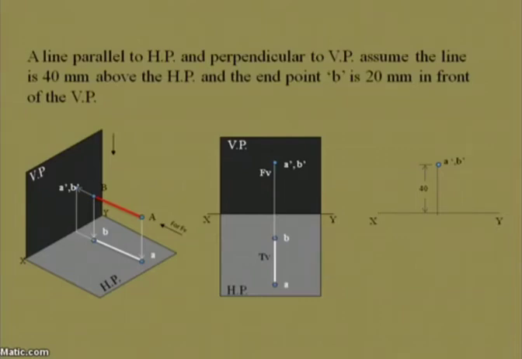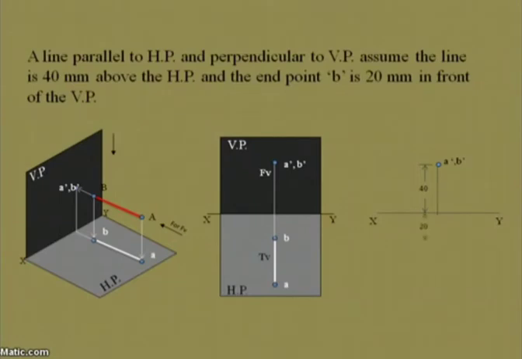Next we need to draw the top view, where we can see the true length of the straight line, which will be perpendicular to the XY reference line, at a distance of 20 mm. End point B is given as 20 mm in front of the vertical plane. So from the XY reference line, the true length will lie at a distance of 20 mm.